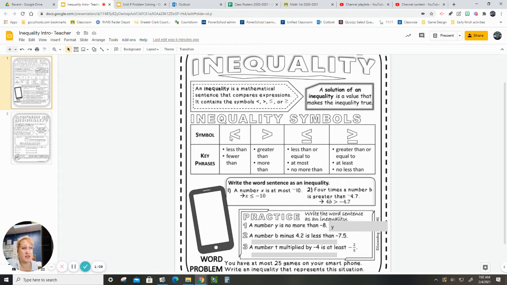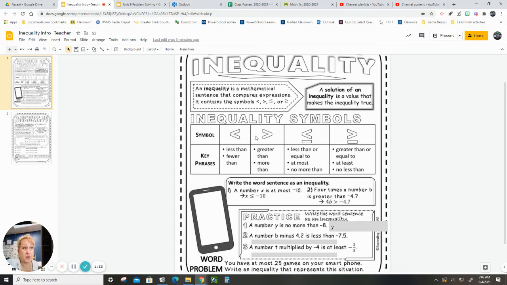You've probably seen these before. This is the less than symbol. So that means that this number is less than this number. When you were in elementary school, they probably used an alligator mouth or a Pac-Man to indicate this. This symbol right here means greater than or more than.